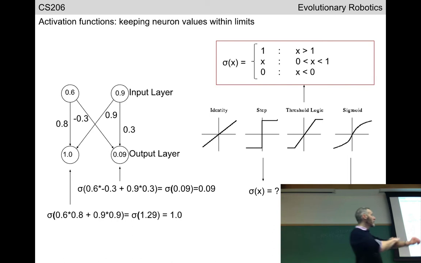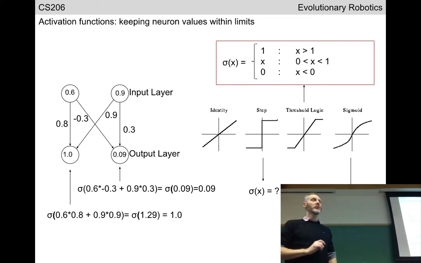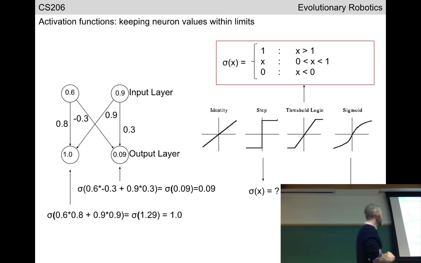There are different functions that we could use to do the squashing. A common one in the literature on robotics and AI is the sigmoid function, which has this nice smooth surface, which means it's differentiable. Doesn't matter for our purposes, but in other branches of machine learning, it matters. So we're going to use this activation function.